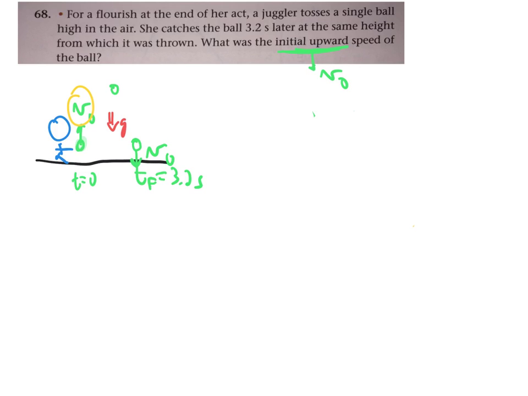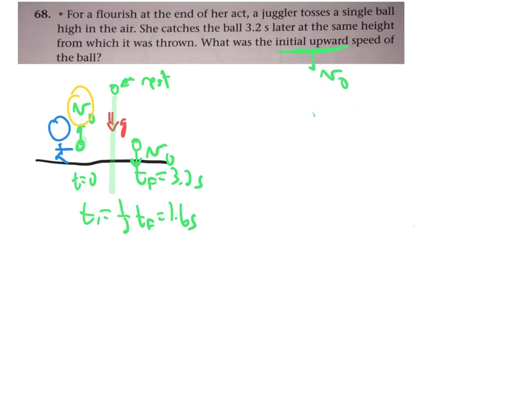Alternatively, we can use the symmetry in a different way. We can say that the highest point occurs at a time which is 1/2 the total time of flight. In this case 1.6 seconds, and at that time the object is at rest at the highest point. It's no longer rising, hasn't yet begun to fall.